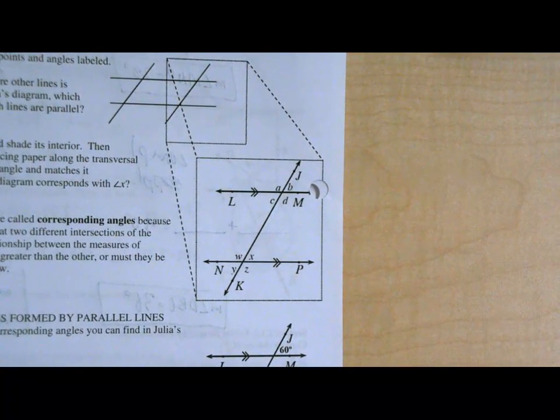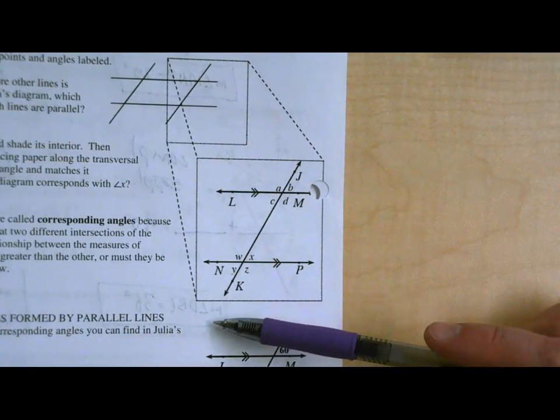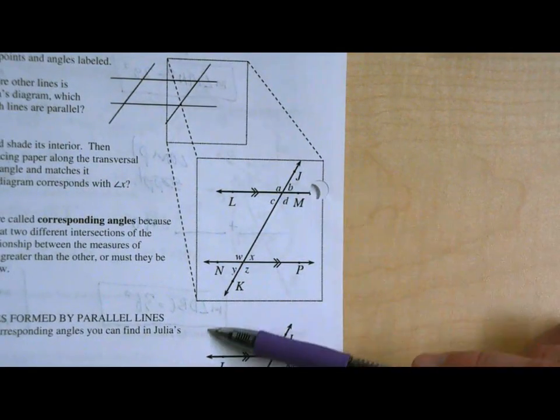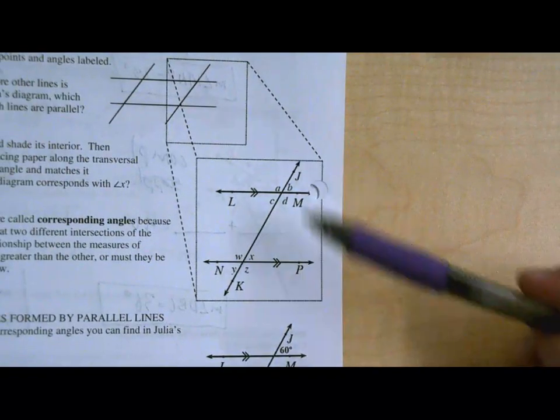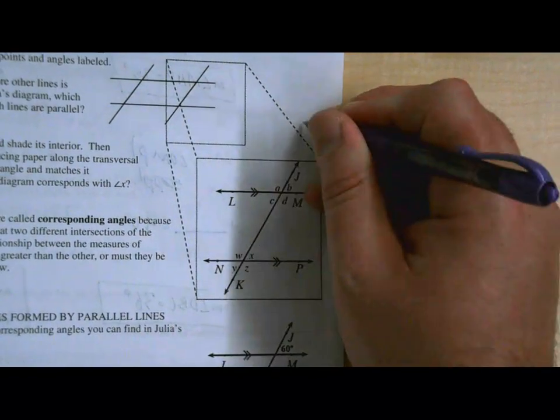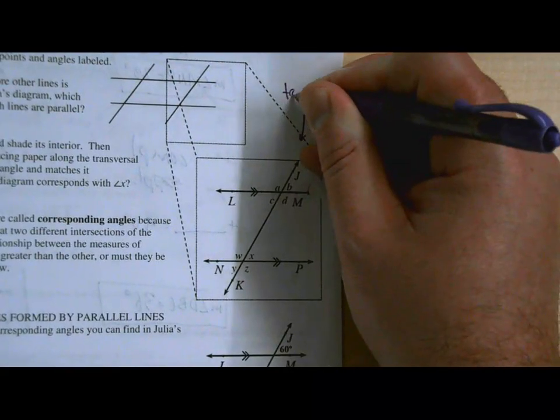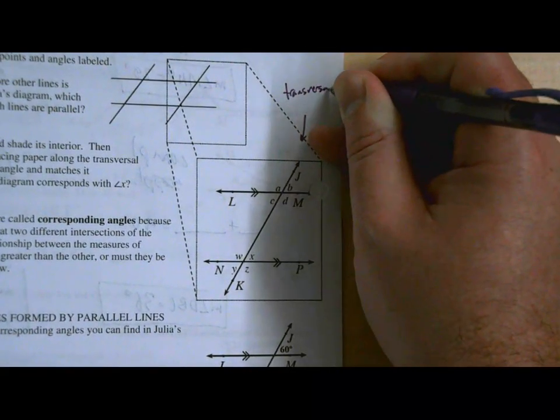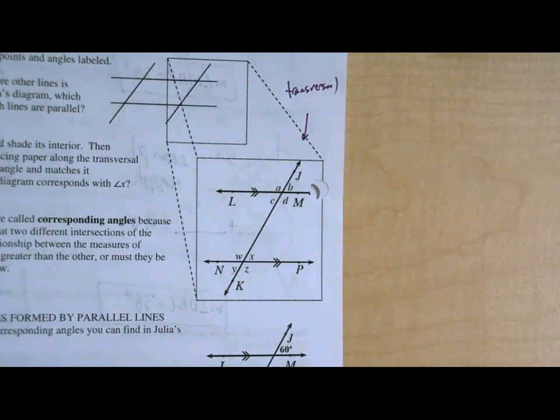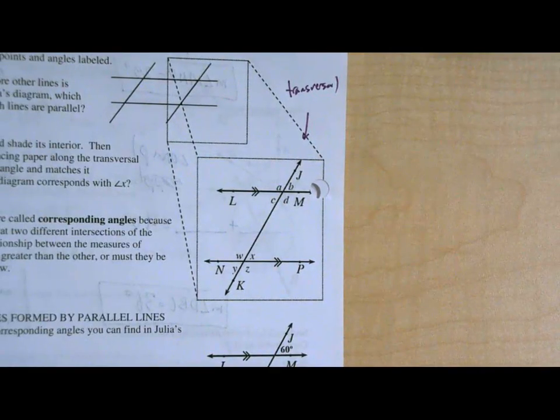We've got these two parallel lines, and then this line that connects and cuts through those two parallel lines is called the transversal. So a transversal line is a line that connects and cuts through two parallel lines, or any two lines in general.